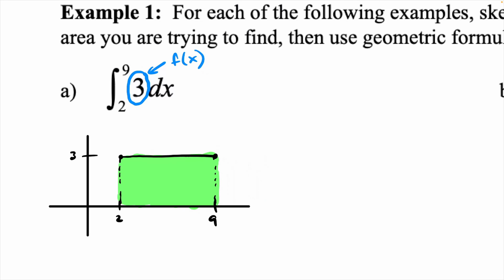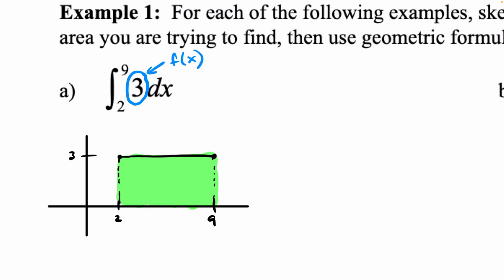I could make rectangles. I could do antiderivatives. We haven't done that yet, so we're not going to do that one today. But I think the easiest way is, what shape is that? It's a rectangle, right? Find the area of the rectangle. So here you got 7 by 3, 21.